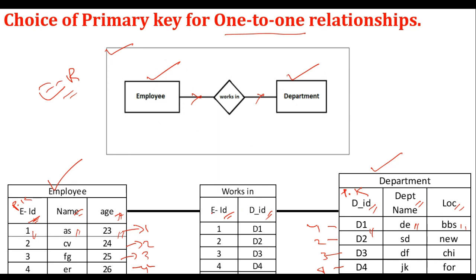We are combining these two entity sets and making a relationship, Works In. These are the primary keys associated with the entity sets, and the primary keys of both entity sets give us another table that makes the relationship between them.